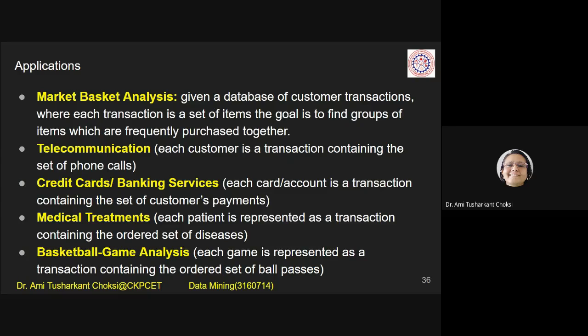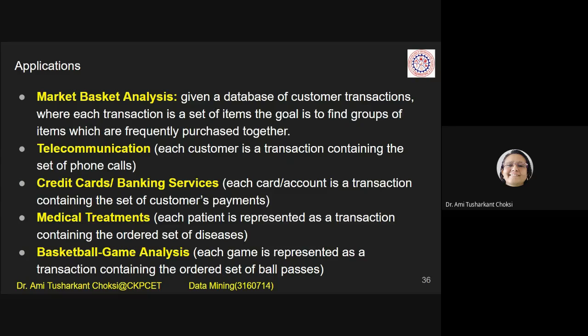Medical treatments. Each patient is represented as a transaction containing the ordered set of diseases. This person is having, say, diabetes. That person can have the pressure also, right? Something like this. Okay.